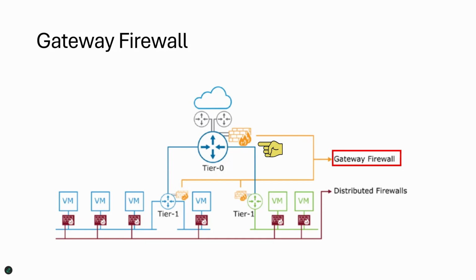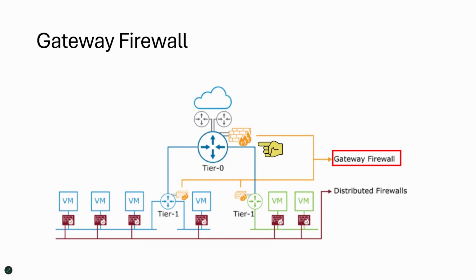From the physical network, if there is traffic entering the NSX network or going outside the NSX network, that will be handled by this gateway firewall. For example, internet traffic coming to your web server, or a VM reaching out to an external network, or a branch office connecting to your data center, all the traffic passes through the NSX edge, and that is where gateway firewall policies are enforced.